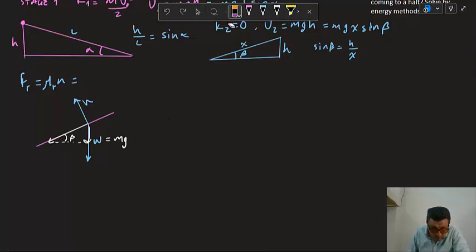We have two components. This component is the x component of normal, which is not useful.